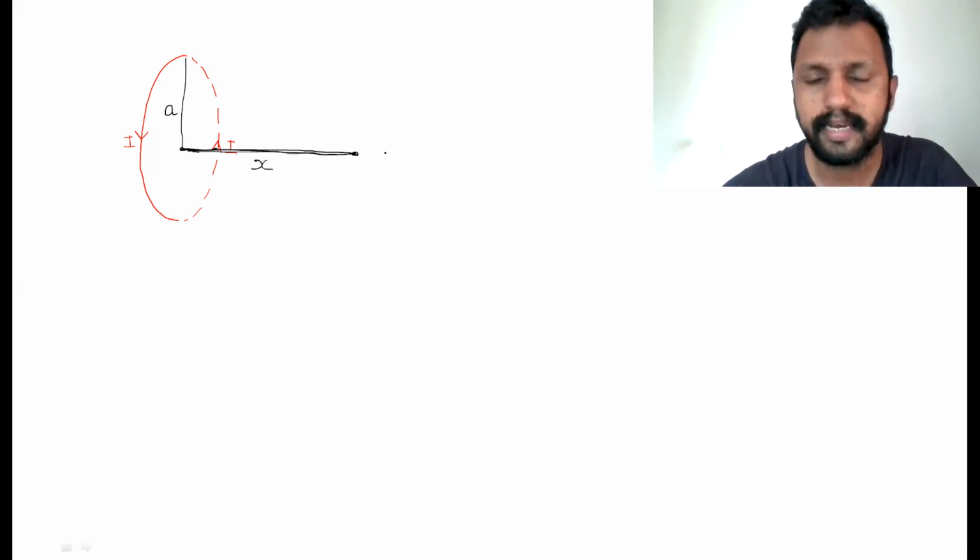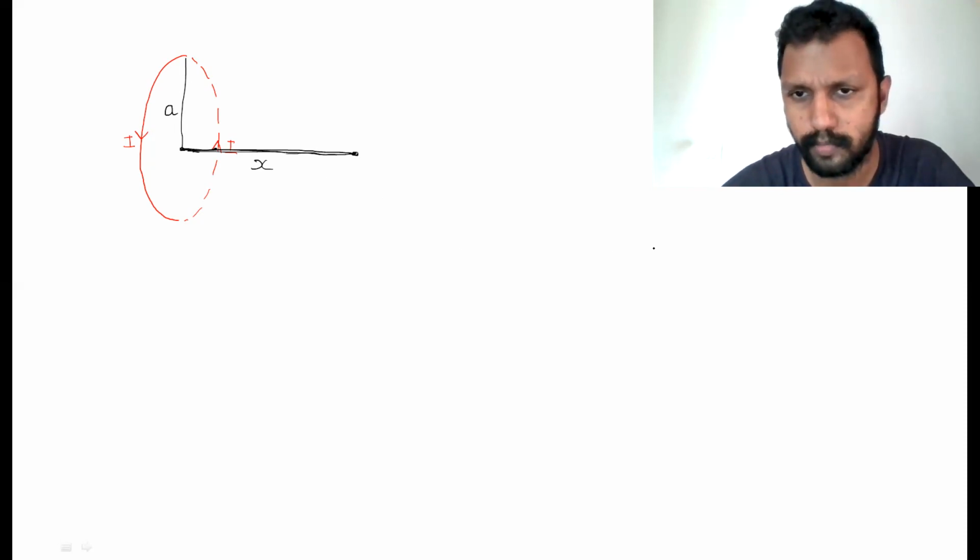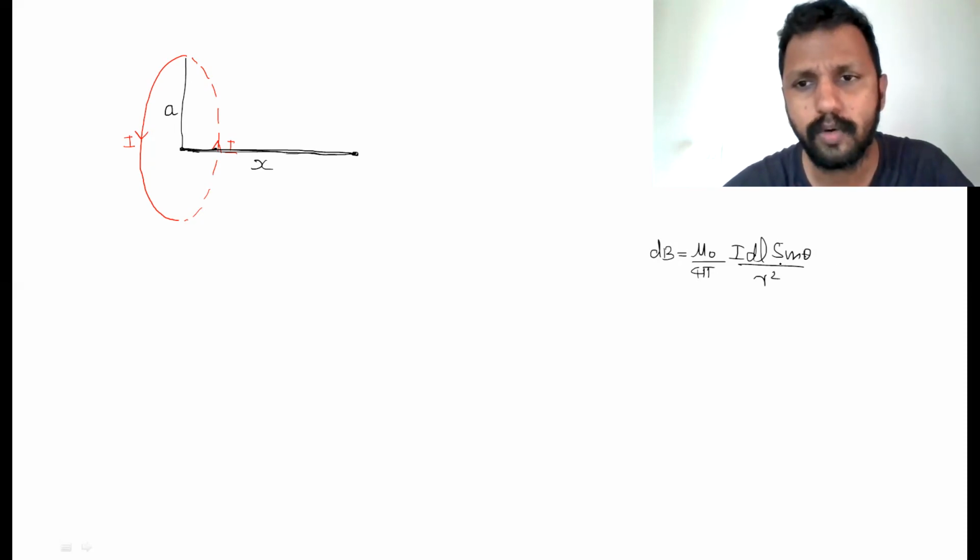Then we will find the magnetic field intensity over here by using Biot-Savart's law. What's Biot-Savart's law? dB is equal to mu 0 by 4 pi I dl sine theta divided by r square. This is our Biot-Savart's law. For using Biot-Savart's law, we have to mark a dl.